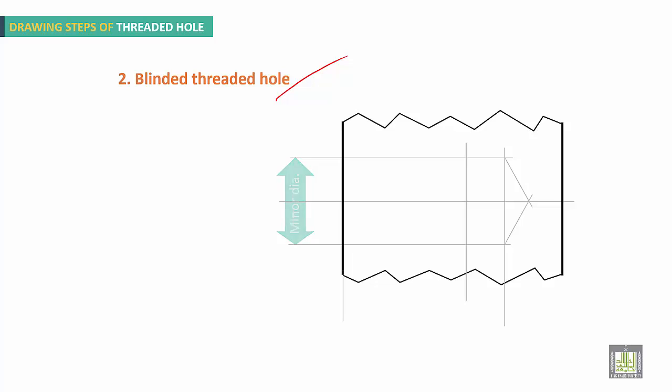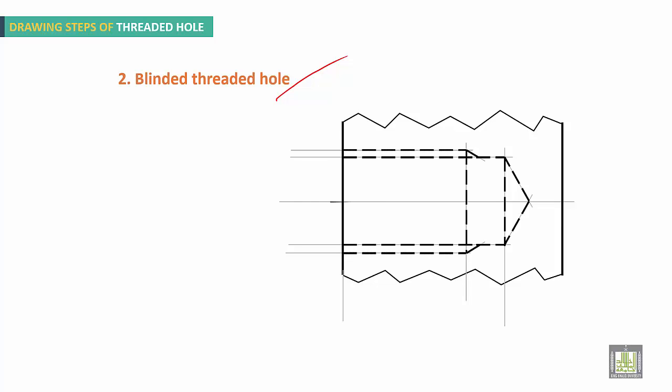Draw these lines with 30 degrees. You have the major diameter now. Okay, this is the root. And now, this is the crest. Okay, this is a center line.